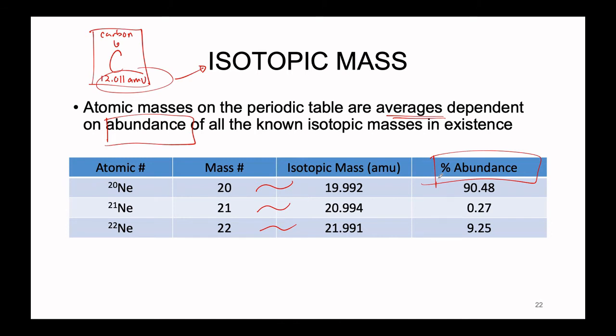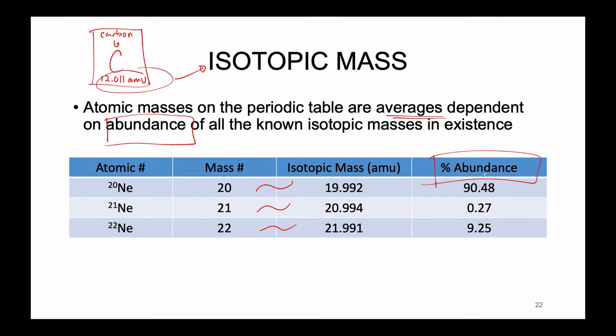What's happening here? The reason why is as we continue to observe the universe and find the relative abundance, say if a particular isotope is greater or lesser than the other isotopes, we have to adjust our average over time. So the reason why we have to keep adjusting the periodic table is because we keep discovering new stuff as it exists in the universe.